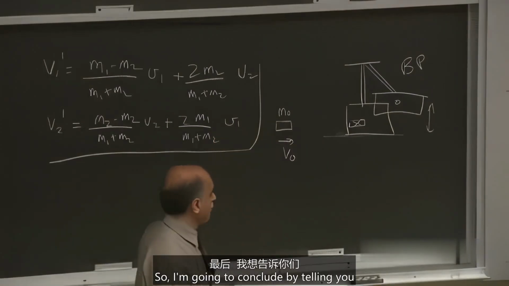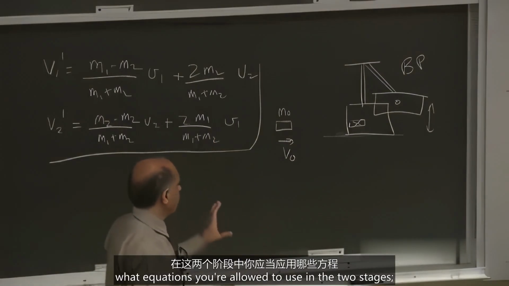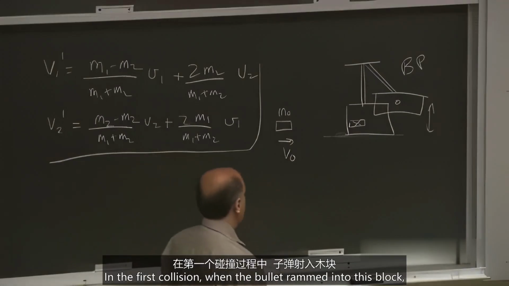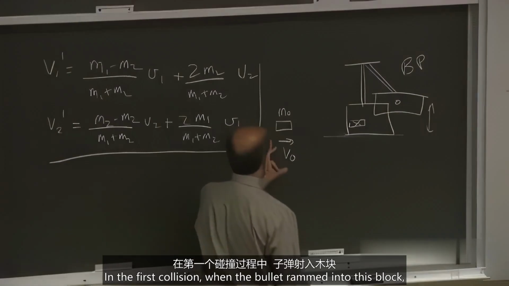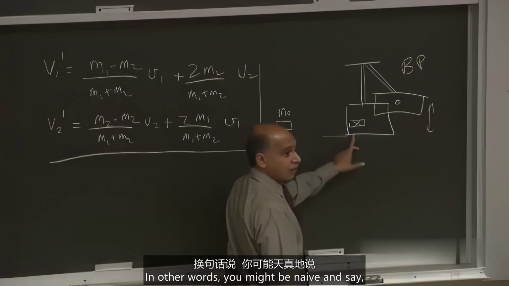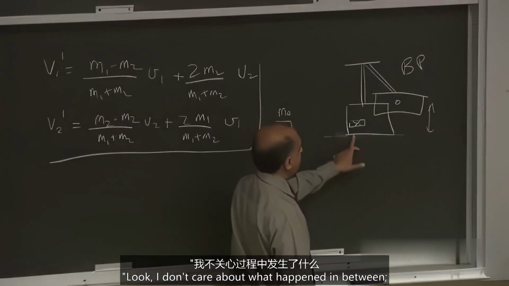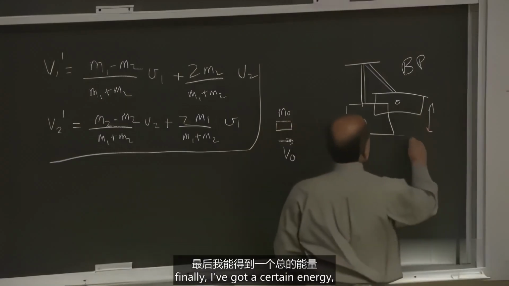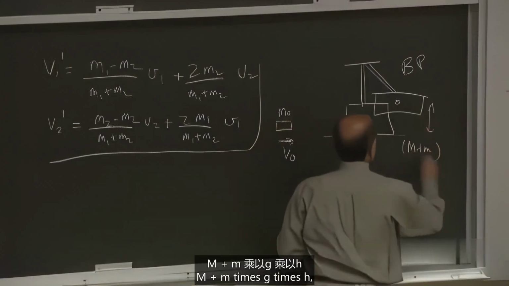So I'm going to conclude by telling you what equations you're allowed to use in the two stages. So pay attention, and then we're done. In the first collision, when the bullet rammed into this block, you cannot use the law of conservation of energy. You might be naive and say, look, I don't care about what happened in between. Finally, I got a certain energy, (m plus M) times g times h.